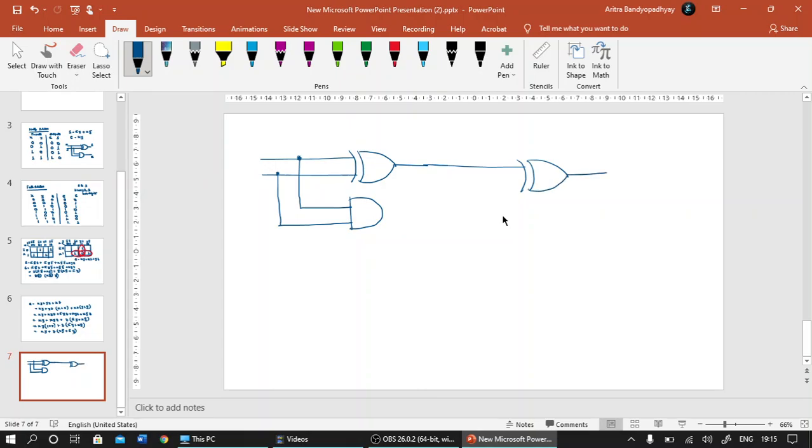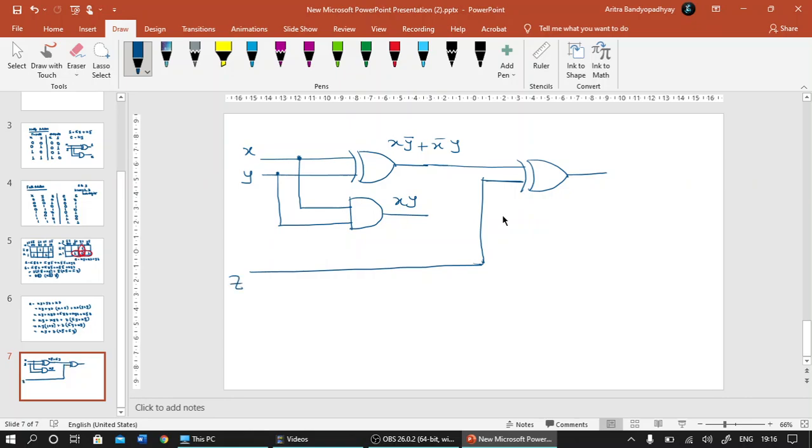From the first XOR gate, we get the expression xy complement plus x complement y. If we take the carry from this point, that is actually xy. Now we consider the second XOR gate, with the third input z.